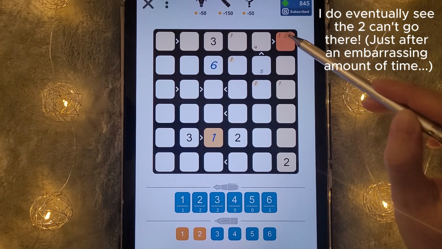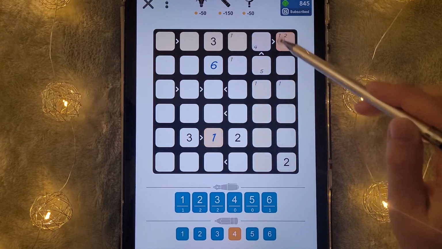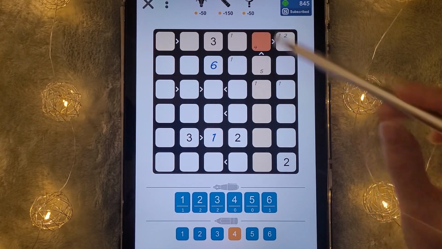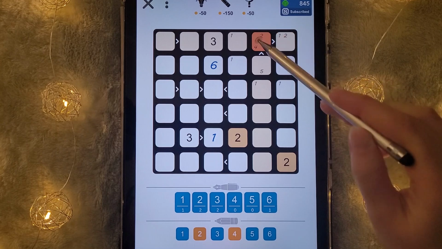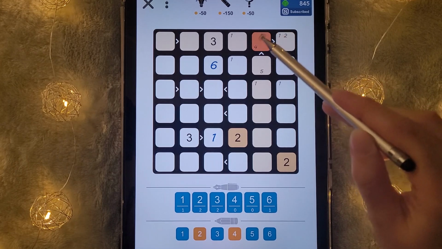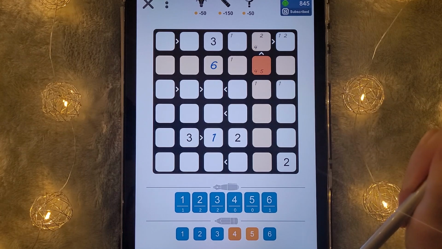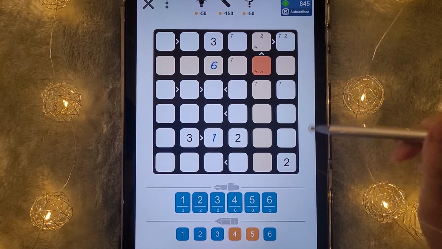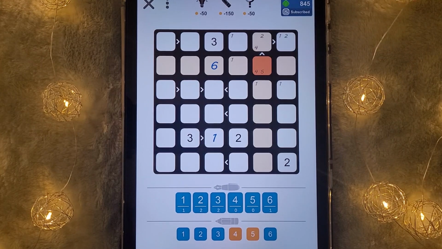And because the 3 is there, the only other low number that could go here would be a 2. So this could be a 1, that could be a 2 or a 4, and this could be a 4 or a 5. Now that was a weird backwards way to do it, but for some reason it makes sense in my brain.